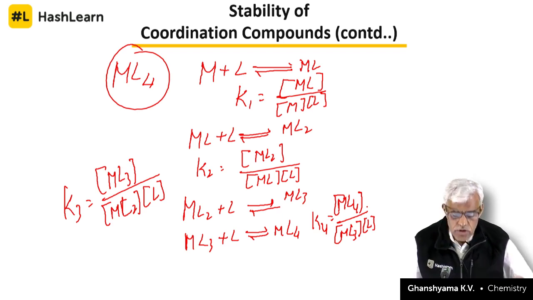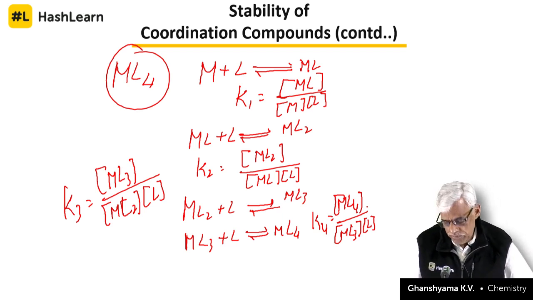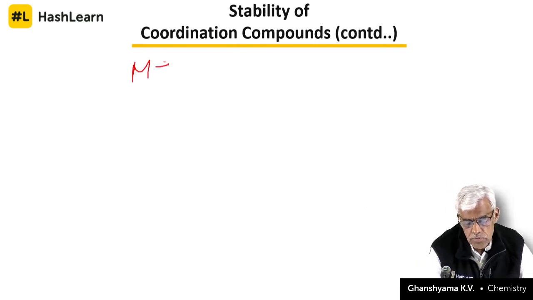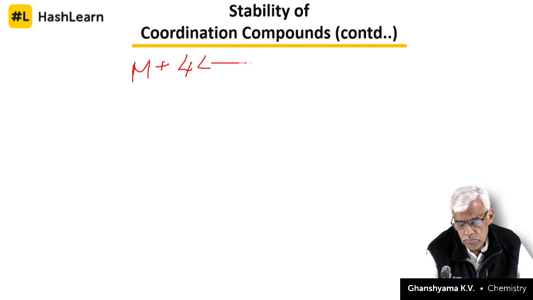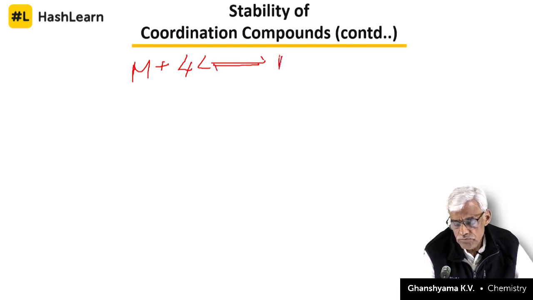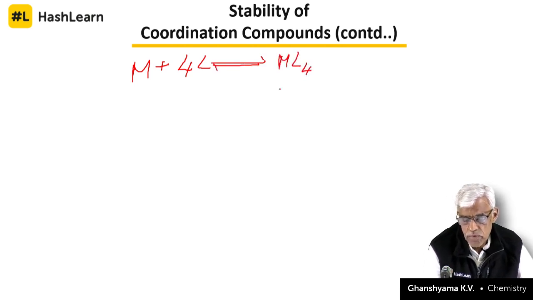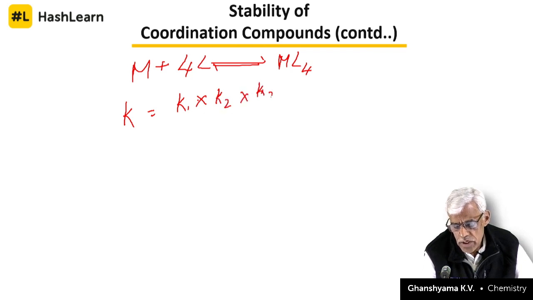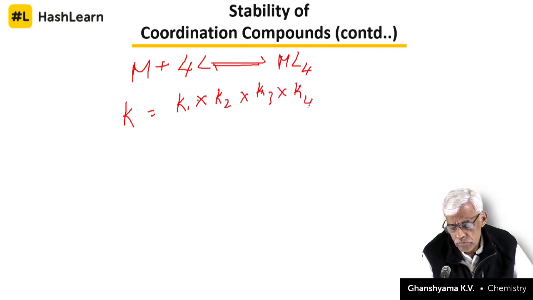The stability constant for the whole system, that is M plus 4L gives rise to ML4, I will call it K. K is equal to K1 into K2 into K3 into K4.